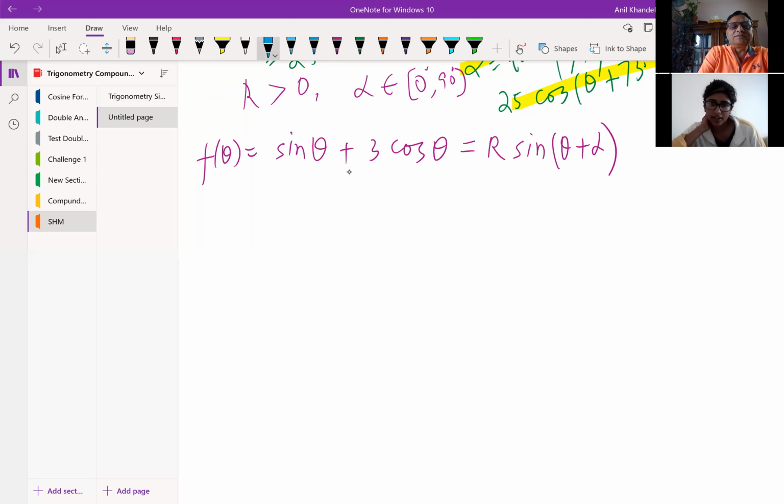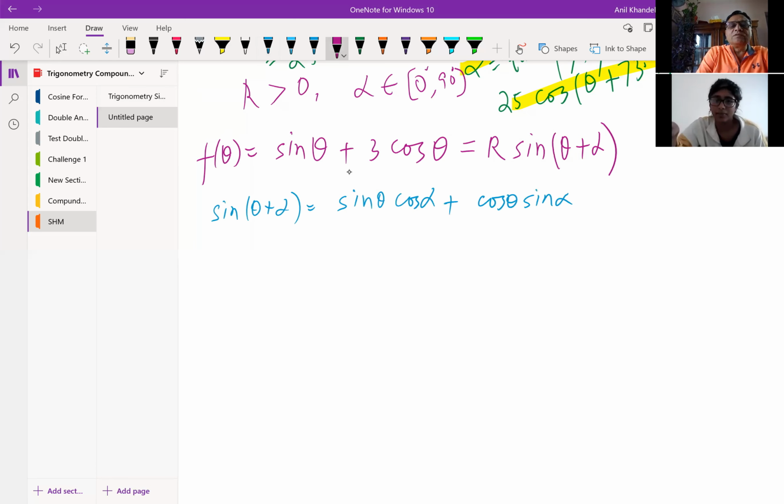So sine of theta plus alpha equals sine theta cos alpha plus cos theta sine alpha. And then when you multiply everything by r, it means r cos alpha equals 1 and r sine alpha equals 3.